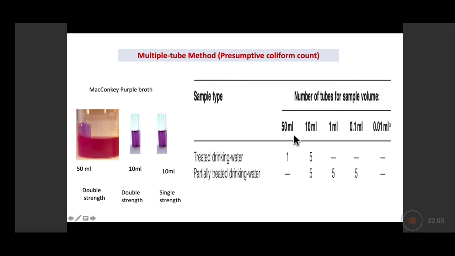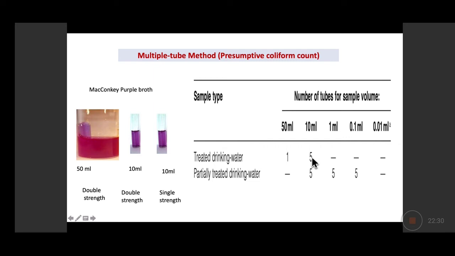In this table, these are the sample volumes of water. If any water has been treated and we want to test whether the treatment was effective or not, we use two sets of volume. One is 50 ml of water and another is 10 ml of water.